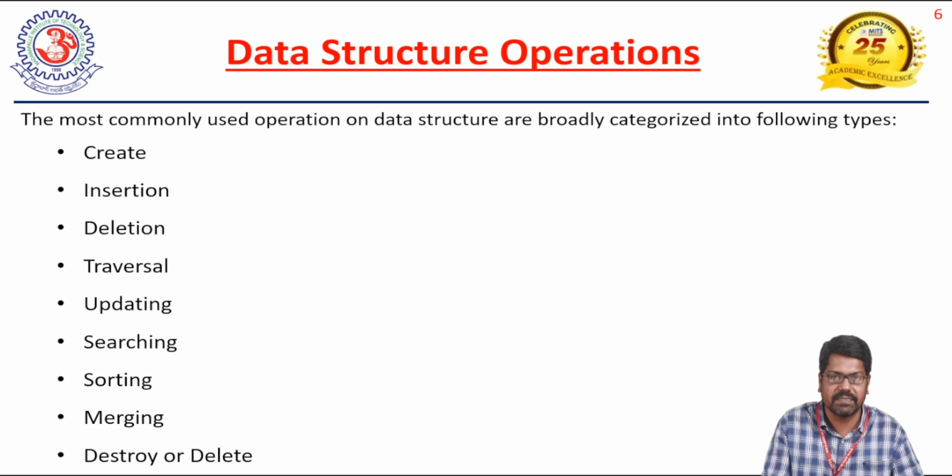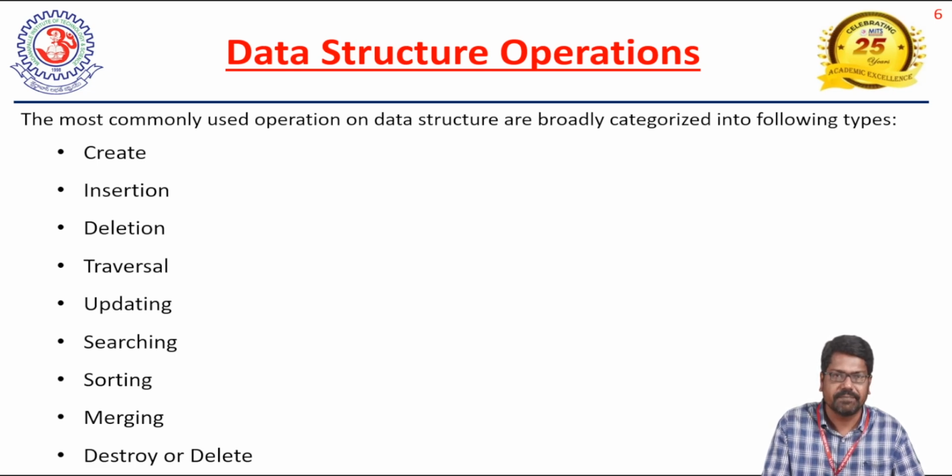Considering all these things, we pick whichever sorting technique is suitable for the data structure. There are techniques like bubble sort, selection sort, insertion sort, merge sort, quick sort and so on. Based on our requirement, we can pick any particular sorting technique and apply it on the data structure in order to arrange the elements in sorted order.